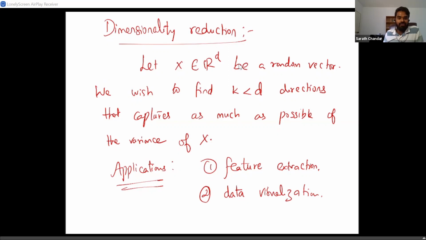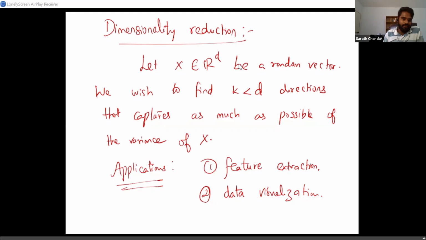If I have an algorithm which takes this 100-dimensional data and projects it to a 2-dimensional space such that the data structure and the variance are preserved, then this is a proxy visualization for this data. I cannot visualize the 100-dimensional data, but instead I can visualize it in the 2D space.